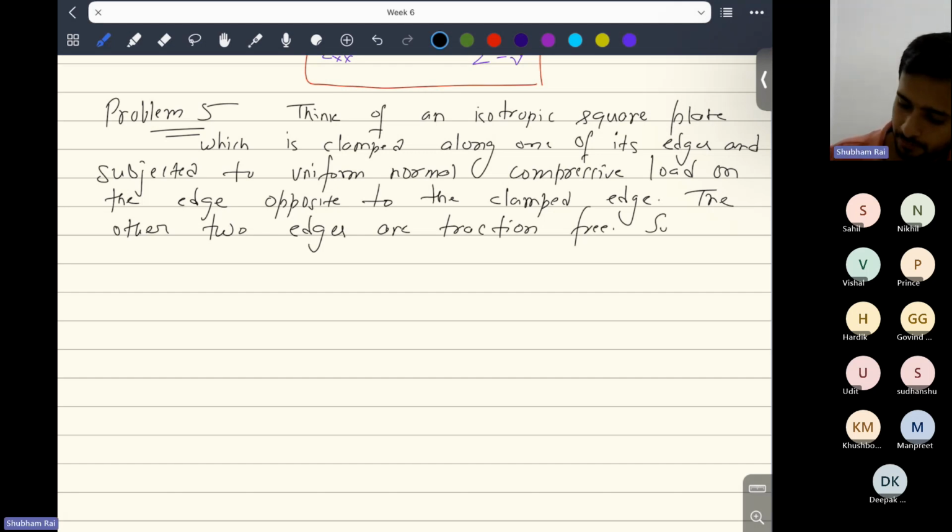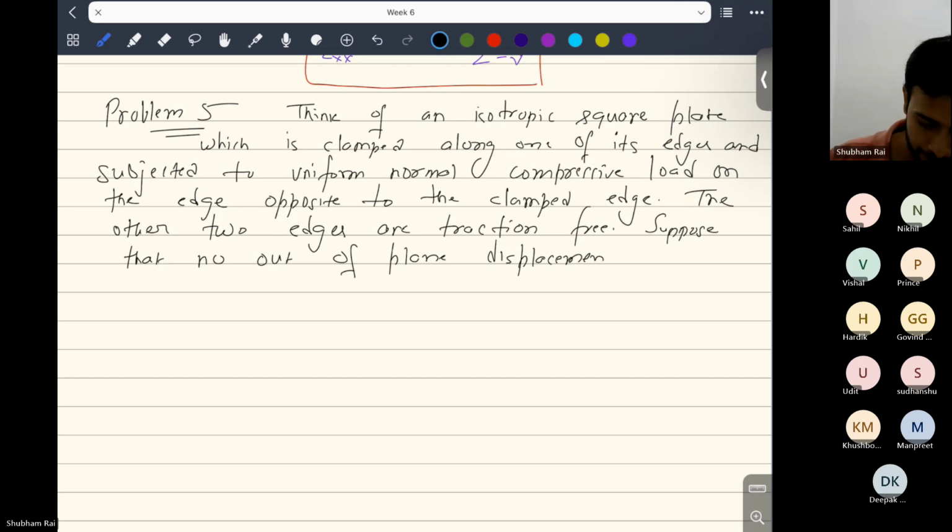Suppose that no out of plane displacement generates. There's no out of plane displacement.